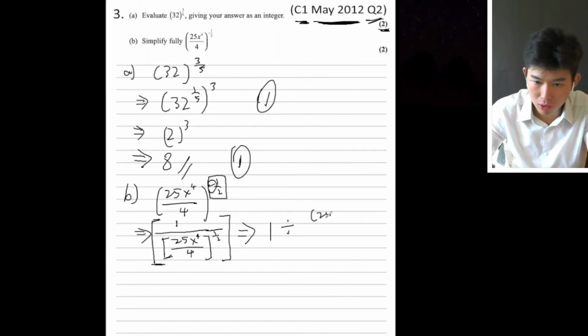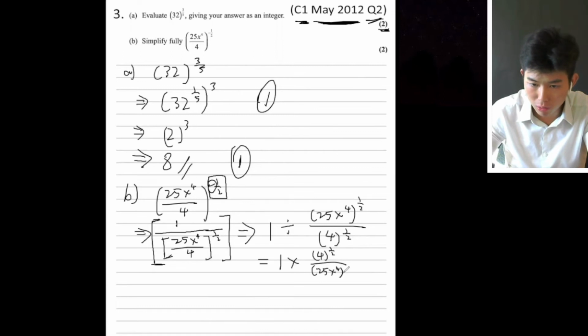25x to the power of 4, power of 1 over 2, over 4 to the power of 1 over 2, which is 2 actually, and would be equals to 1 times 4 to the power of 1 over 2 over 25 times x to the power of 4, power of 1 over 2. This is how, okay? Sorry for the ugly handwriting. Okay, this is how. Yeah, 1 over 2.